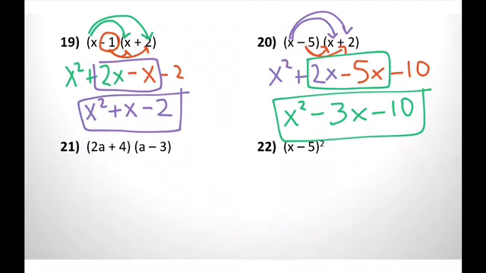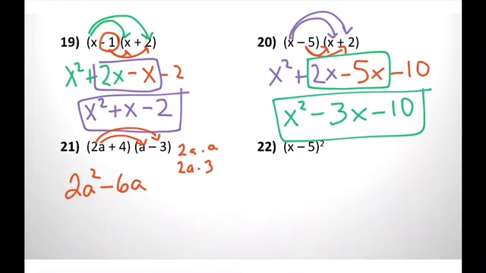Okay, 21. 2a times a is 2a to the second power. 2a times negative 3, 2 times negative 3 is negative 6, and then times a. And again, any of these, 2a times 3, you can write it separately if you need to.